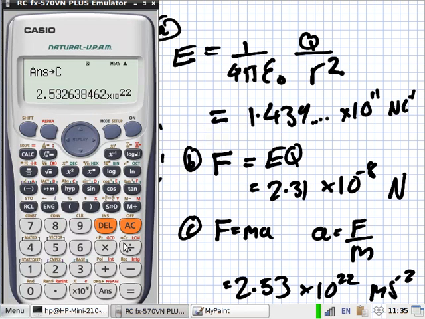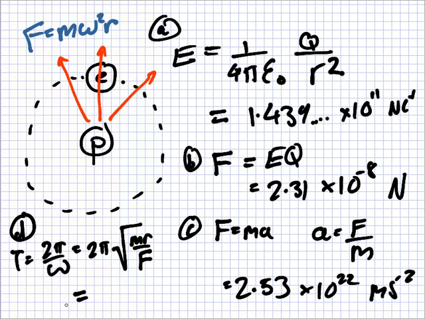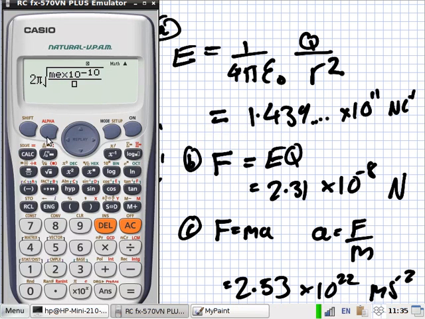So it's 2 pi root m r over F, which I've stored now conveniently into B. So now I can get this.